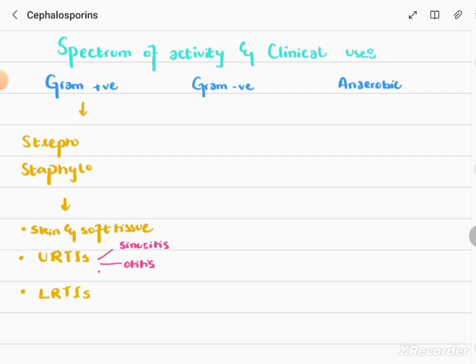which basically include strep or staph pneumonia. But they do not have activity against methicillin resistant Staphylococcus aureus, which is also called MRSA. So they do not have any activity against MRSA. In gram negatives, they cover E. coli and Klebsiella, which we have covered in the first generation cephalosporins. But apart from that, they also have good activity against Haemophilus influenzae.